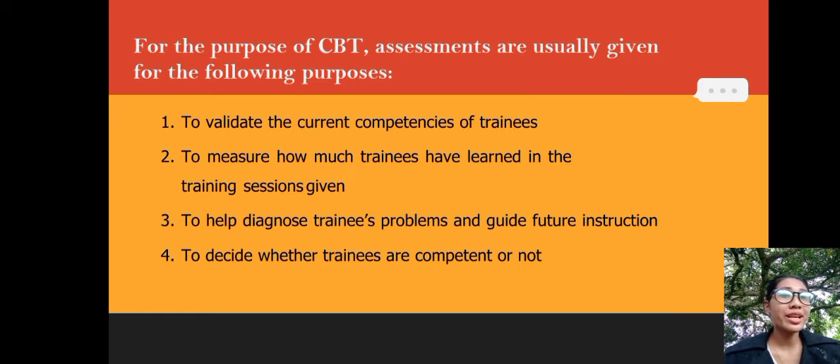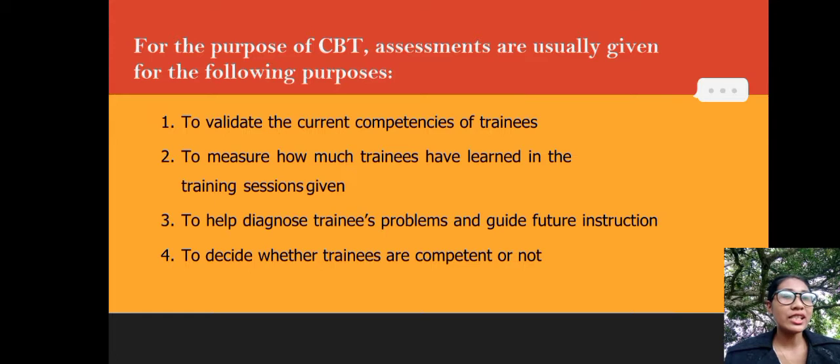The next is to help diagnose trainees' problems and guide future instructions. Dito rin matutulungan ng mga trainers ang mga trainees sa kanilang mga problema or kung may kulang pa sa mga kaalaman, and also to guide future instructions.